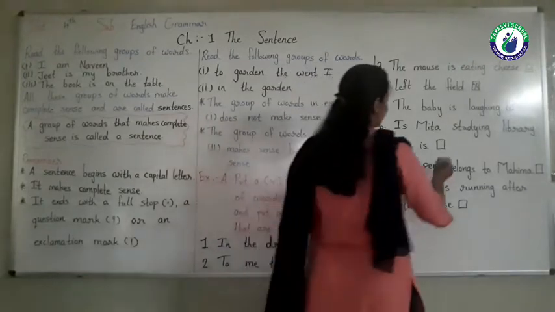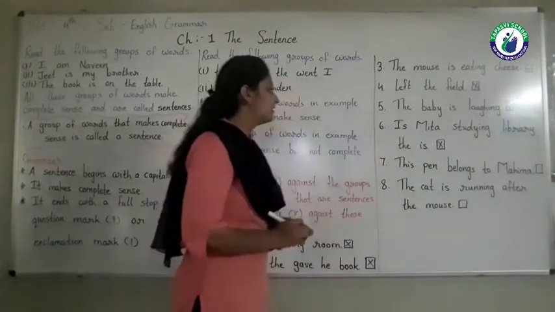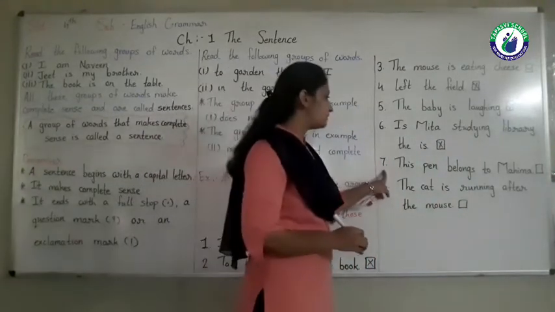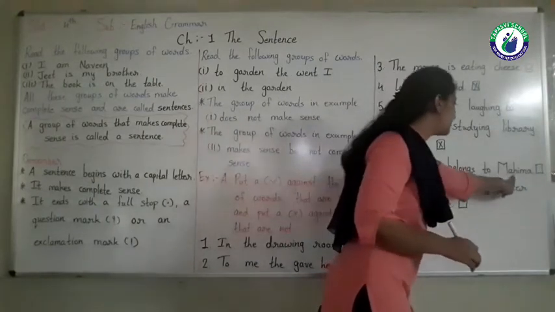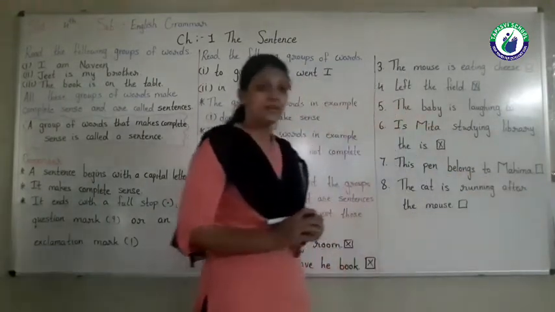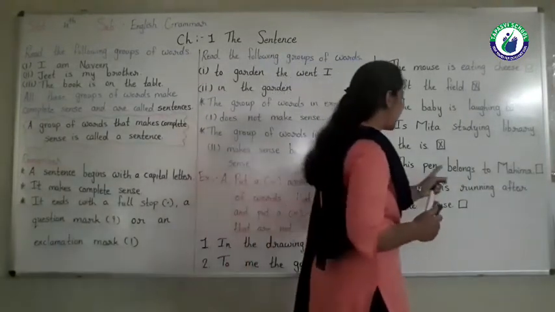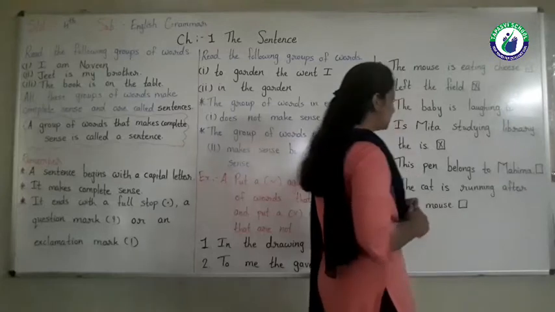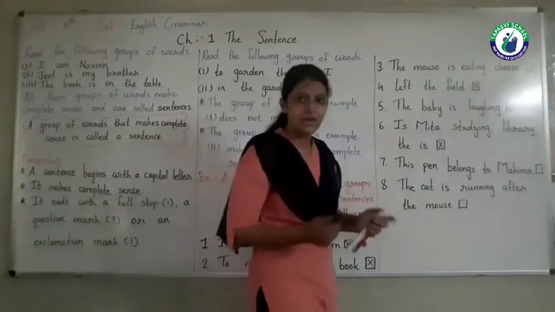Put cross. Now, sentence number 7. This pen belongs to Mahima. Yes. In this sentence, subject this pen, verb belongs, and object to Mahima.